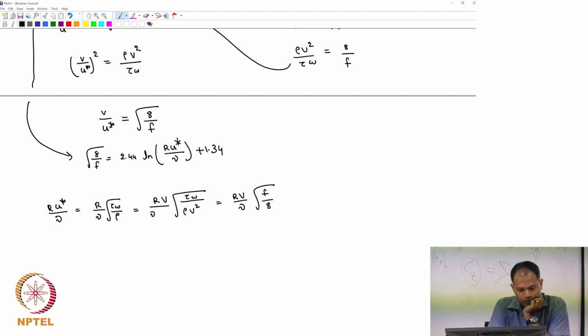The argument is r u star by nu. If I replace u star with square root of tau w by rho, and write it as tau w over rho v square, where v is the average velocity, I can write that square root term in terms of f again. So basically I get Reynolds number times square root of f by 8. Check whether it's right.